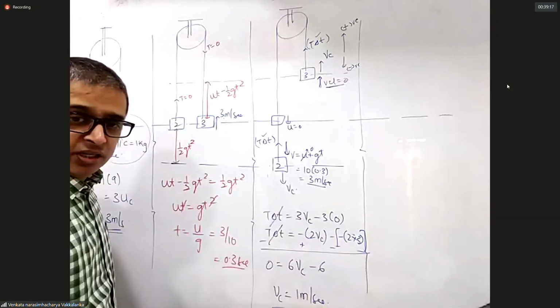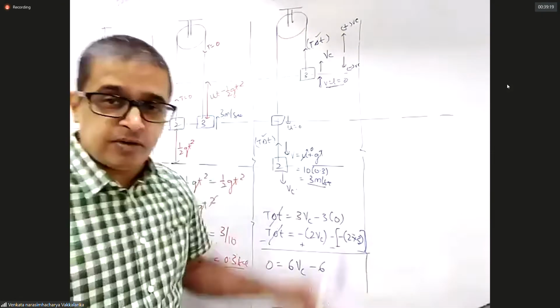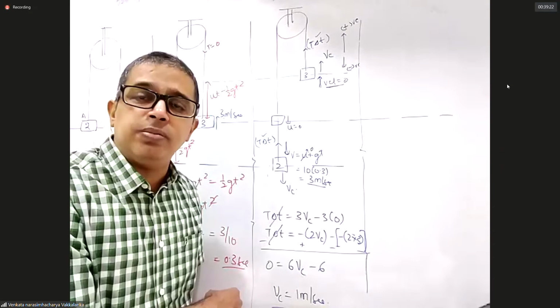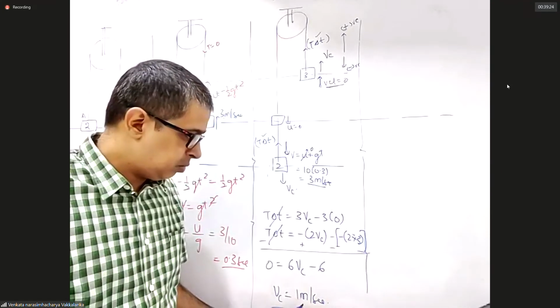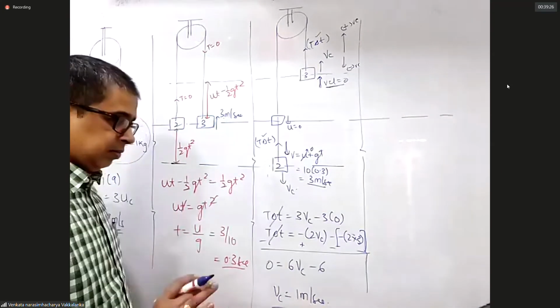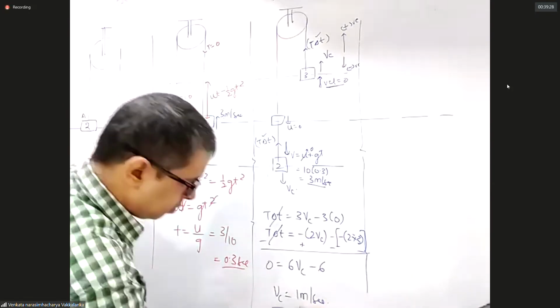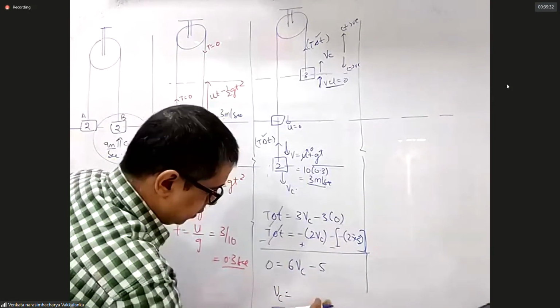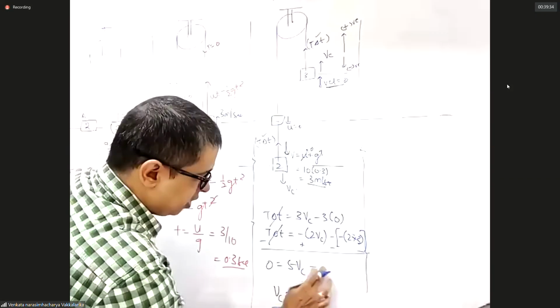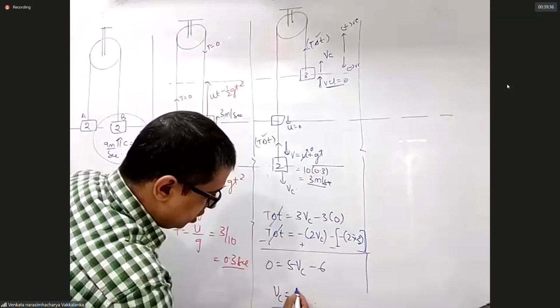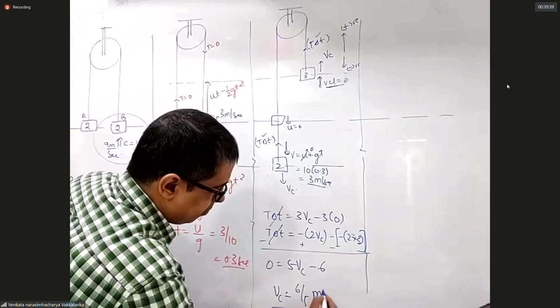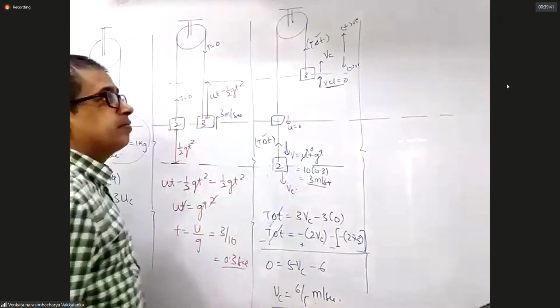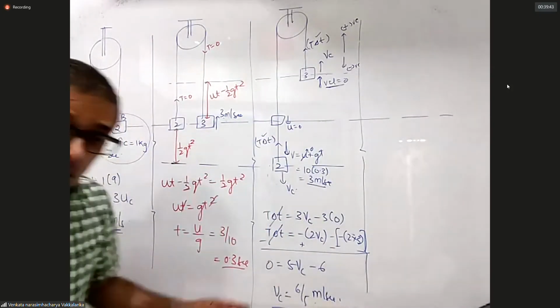And getting positive value implies it is in upward direction. Is that part of the board visible? It is 5 VC, and this is 6. So VC is equal to 6 by 5 meters per second.